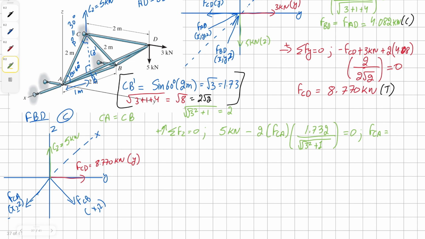Solving for force C, we get a solution as positive 2.887 kilonewton. And since it's positive, this means the vector direction is correct, and that means both of these are in tension, force CA and force CB.